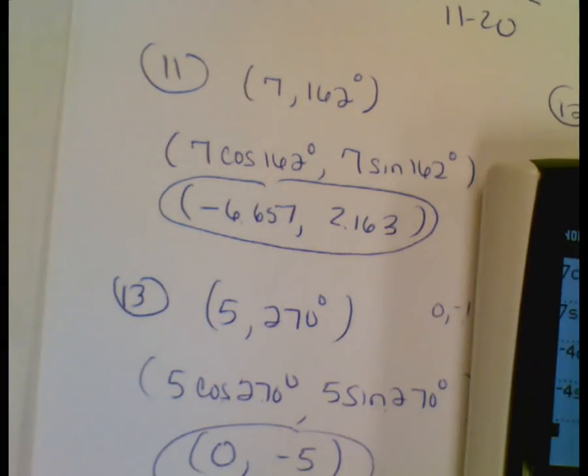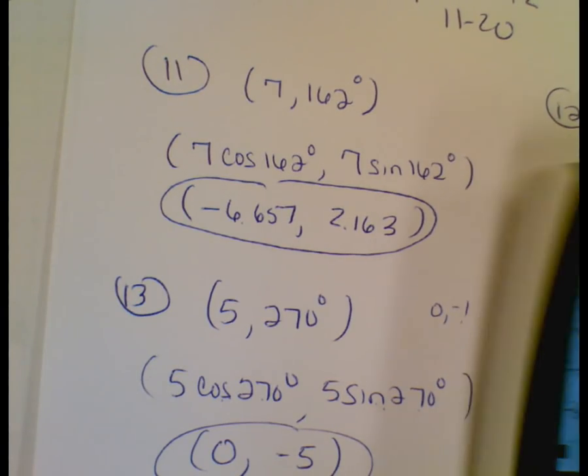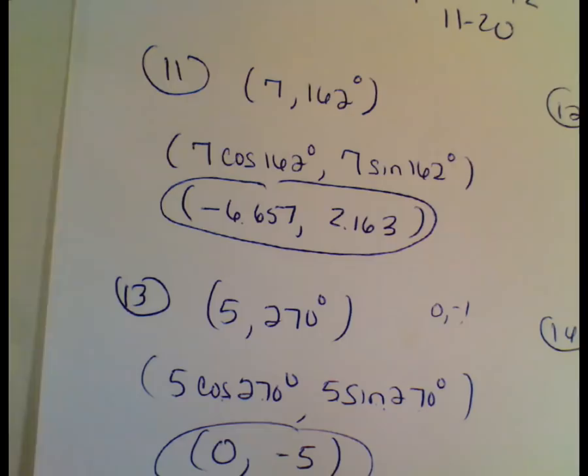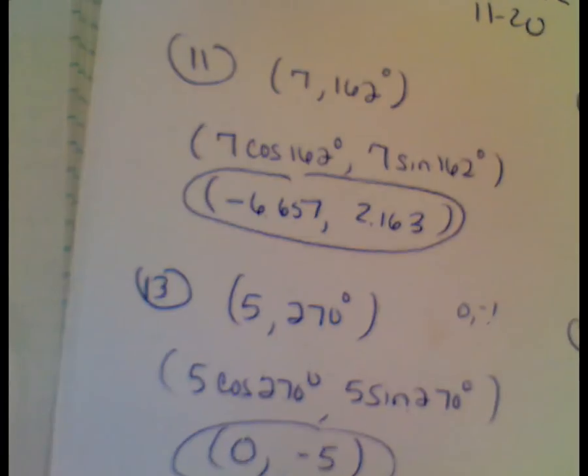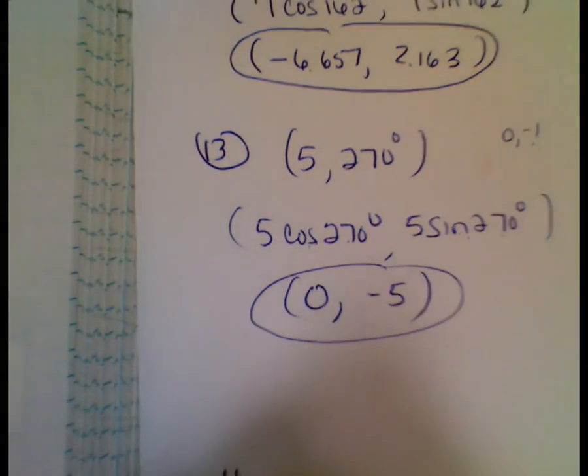But if I did not want exact answers, it would be negative 6 cosine of 45, which is negative 4.243, and I think that's the same thing as the other one, right? So I take either answer right now. The book shows both answers, and I'm showing both answers.